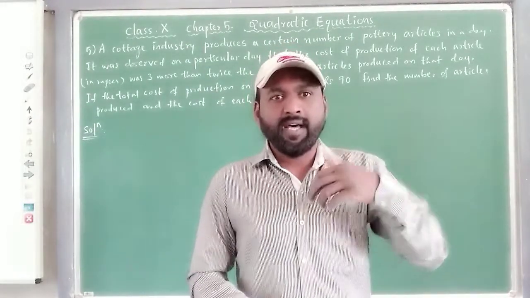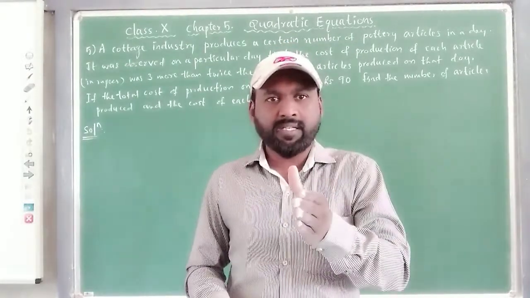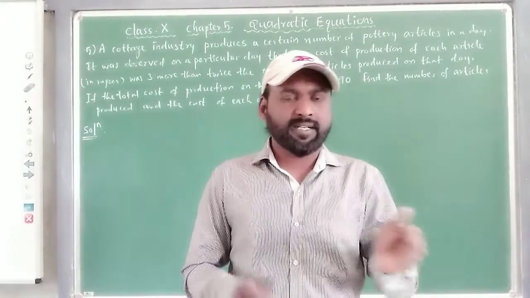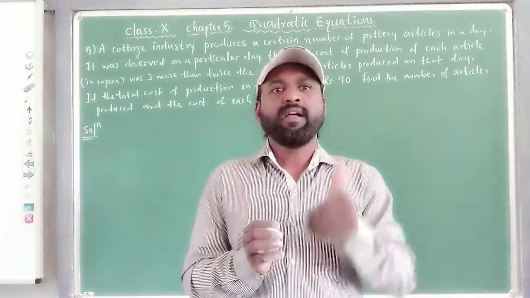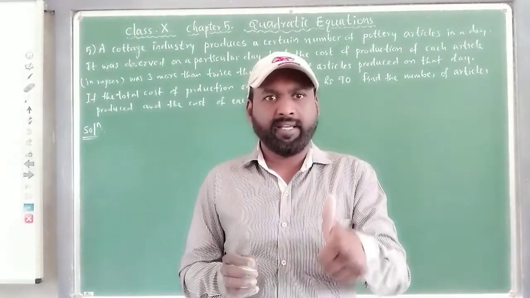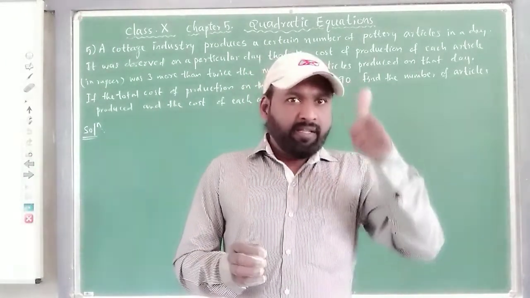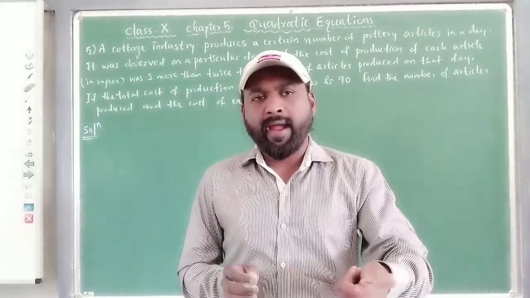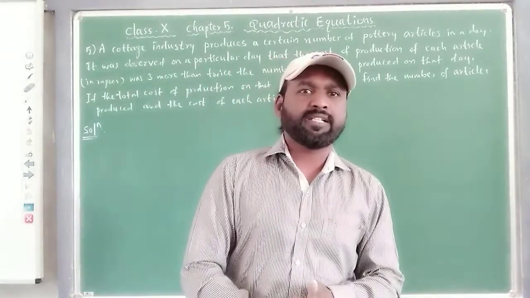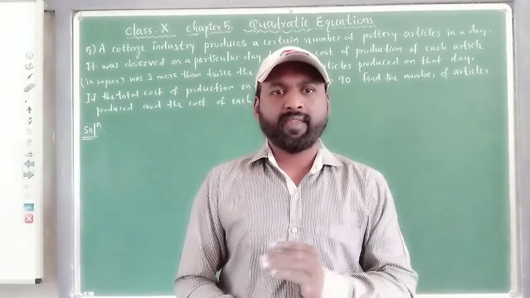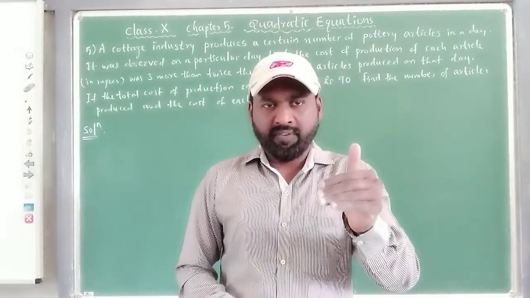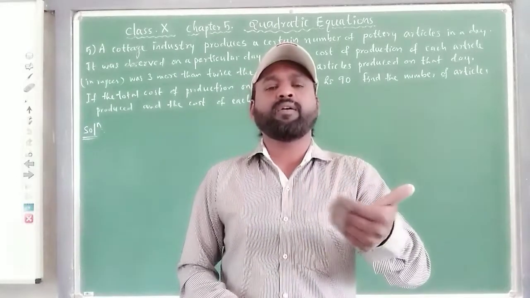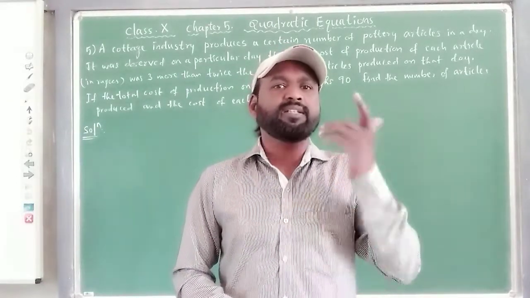Understood? The relation is between the cost of production and the number of articles. What is given? The cost of each article is 3 rupees more than twice the number of articles produced on the day. If you know how many articles are produced on a particular day, you can find the cost of each article.